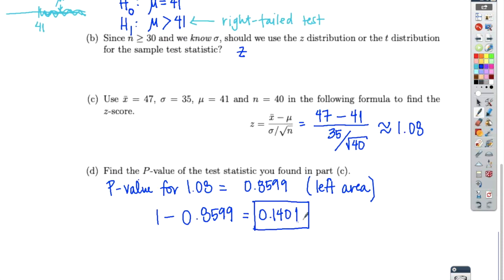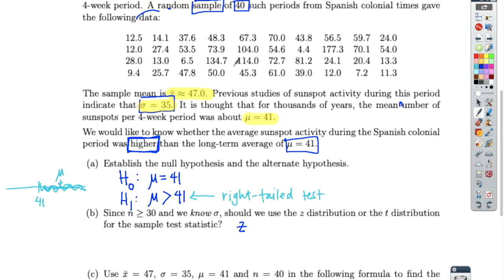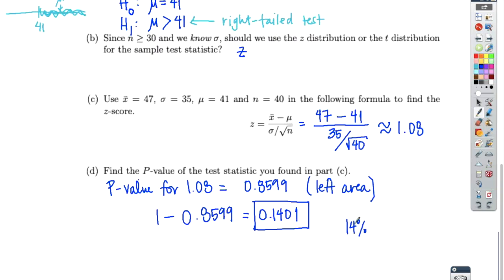That is our p-value. And essentially what that tells us is that there is a 14% probability that the population mean really is 41, and that our data is consistent with that. There's a 14% chance that this data could still be from a population with a mean of 41. Now, that's a fairly low probability, and at this point we can't conclude the test because they haven't given us that value of alpha.